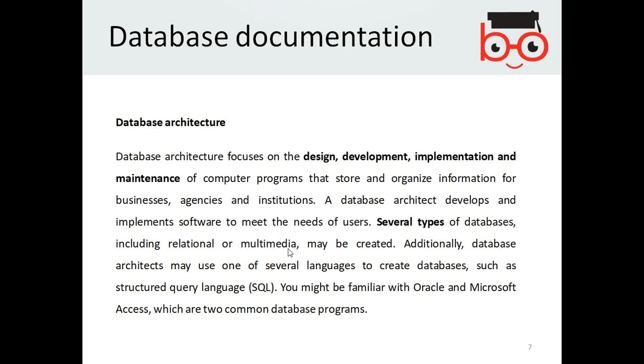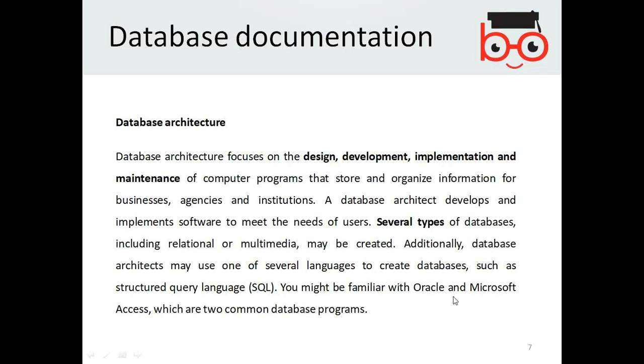If I say a row, how will the row be connected? A row will be 1, 2, 3, 4. And if I ask about a tree, it will be a node, then a second node and a third node, and then a child and another child. So these are the structures. Similarly, databases have different types. Additionally, database architects may use several languages to create databases, such as structured query language.